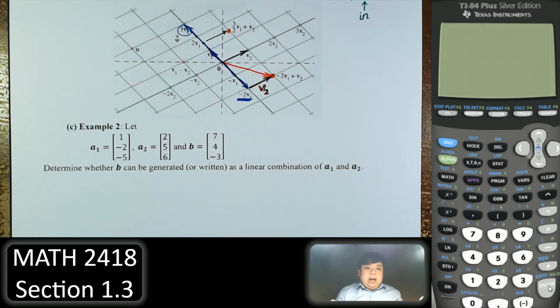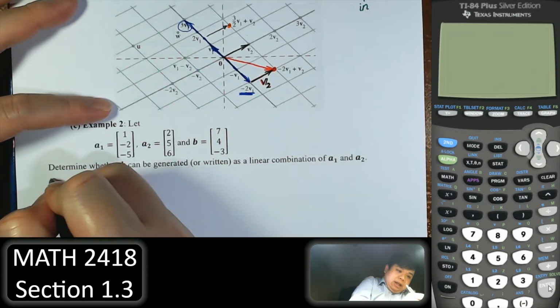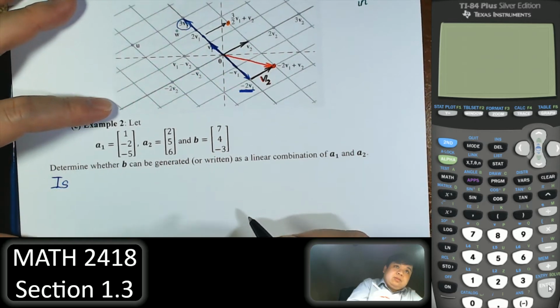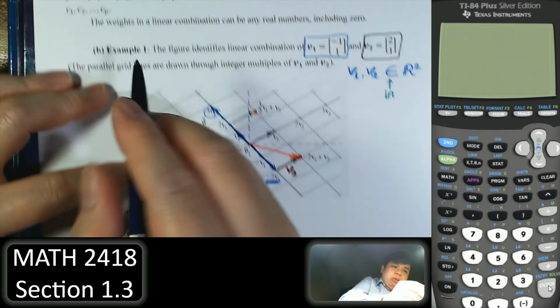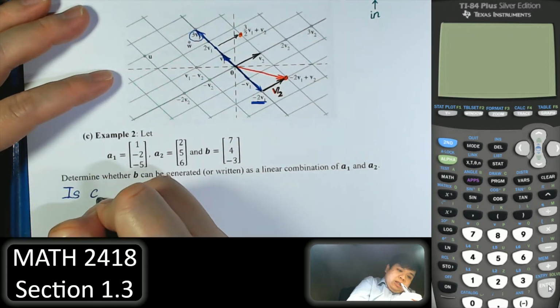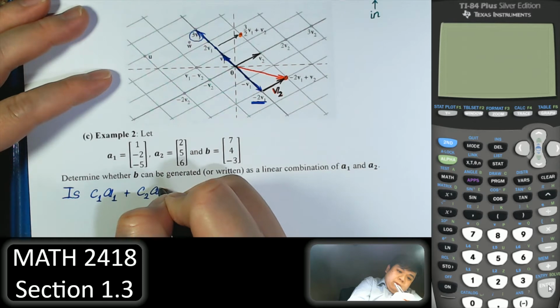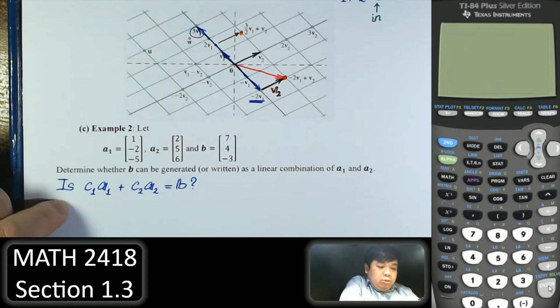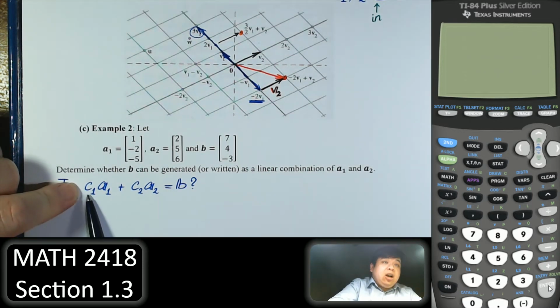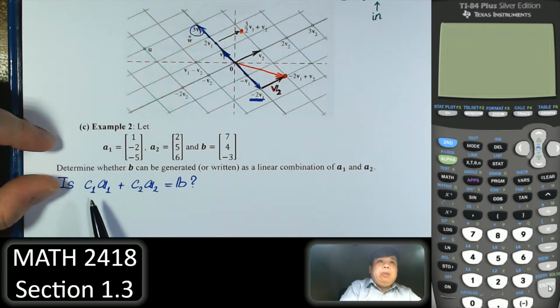In that case, the question translates to this: can we write vector b equal to a linear combination? Let's use c as the weights. So c1 a1 plus c2 a2 equals vector b. If there is a solution, then we can say b is a linear combination of a1 and a2.